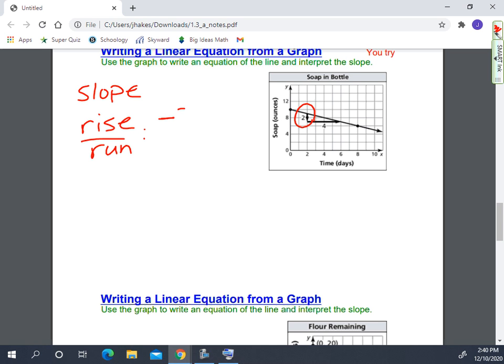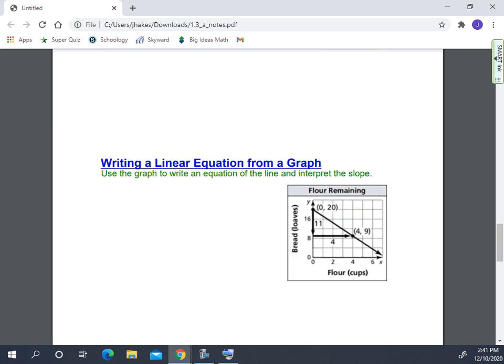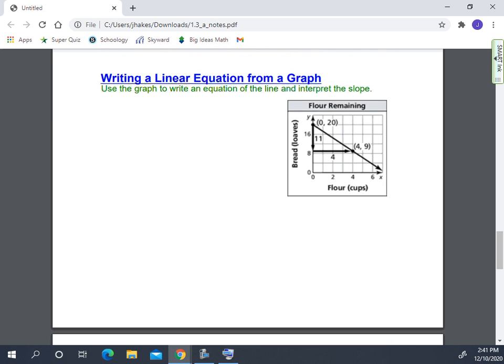It's actually a negative, -2. Still going to the right 4. We're still going in that positive direction with our run, so that's still a positive 4. And that can simplify to -1/2. Just something to know as you try that one, that it's a negative slope. So you guys go ahead and pause the video and try that one. Then hit play and you'll be right back to where we are.